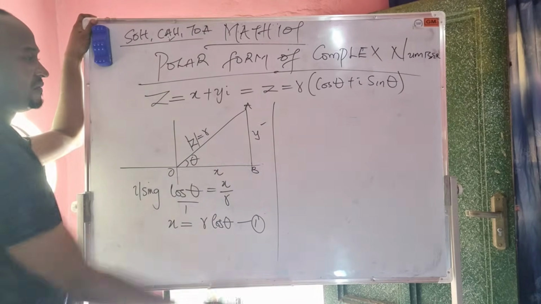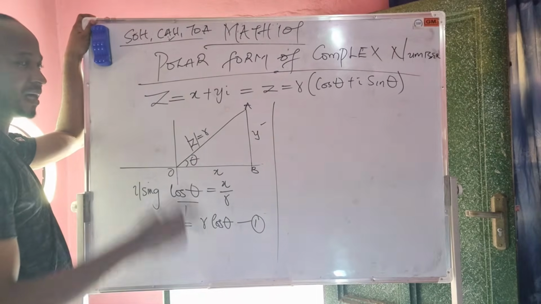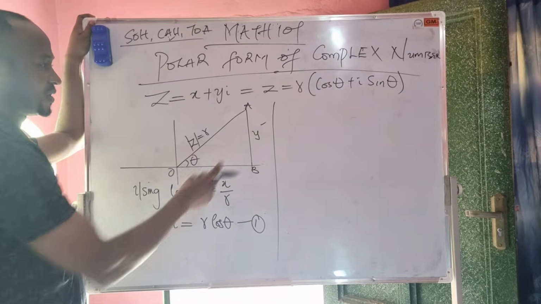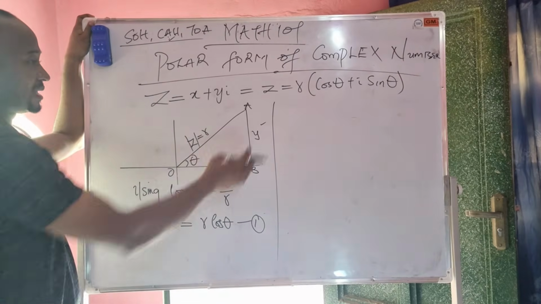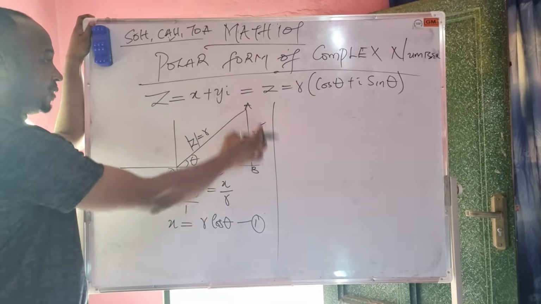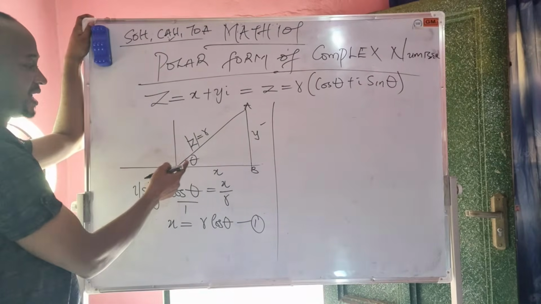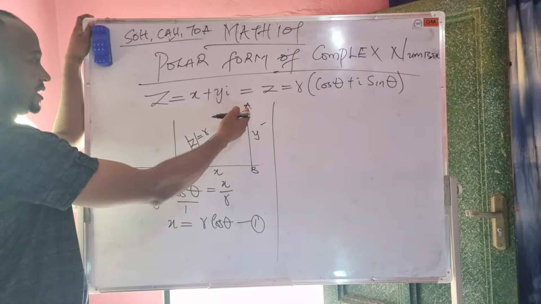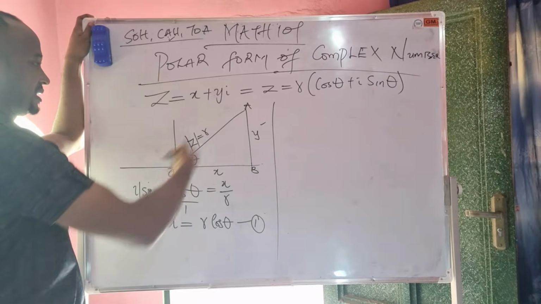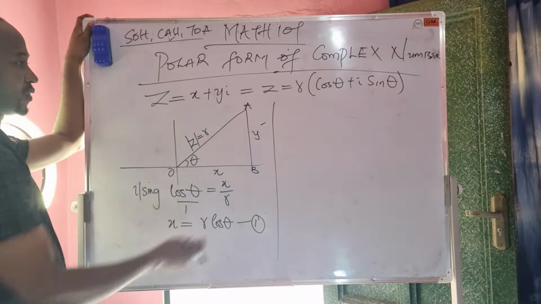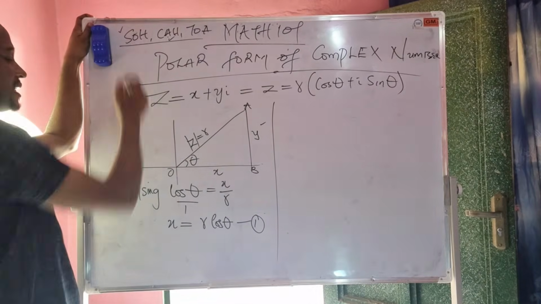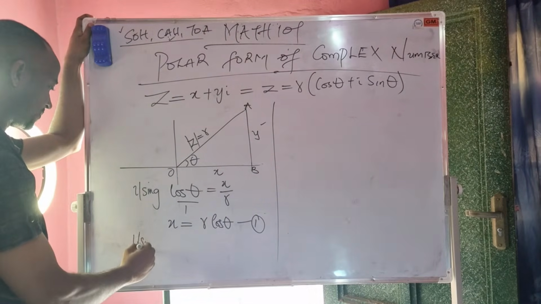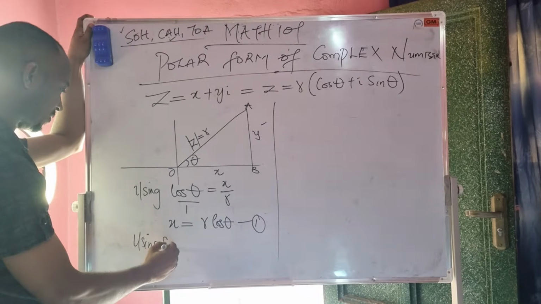What will be the value of y? Let's resolve y. If I'm to resolve y, I will resolve y with respect to this r. That simply means y represents the opposite, because any side that faces the angle is called the opposite, then OA is the hypotenuse here. So I have the opposite and the hypotenuse, which means I will use sine.